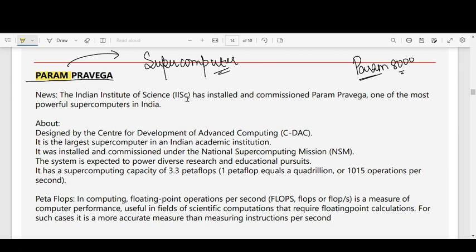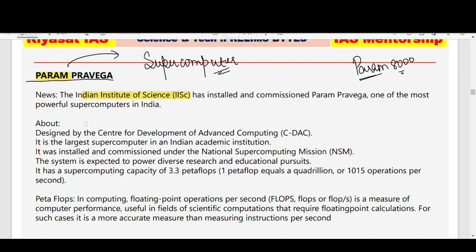The IISc, Indian Institute of Science, has installed and commissioned Param Praveg, one of the most powerful supercomputers in India. You need to remember that it is developed by CDAC, the Centre for Development of Advanced Computing, and it is the largest supercomputer in an Indian academic institution.